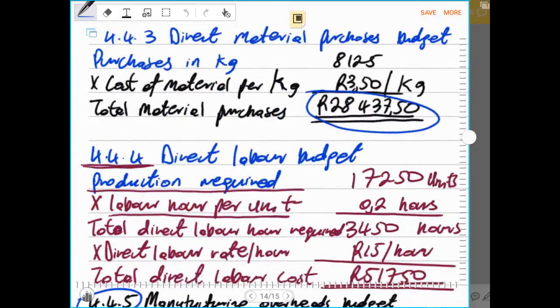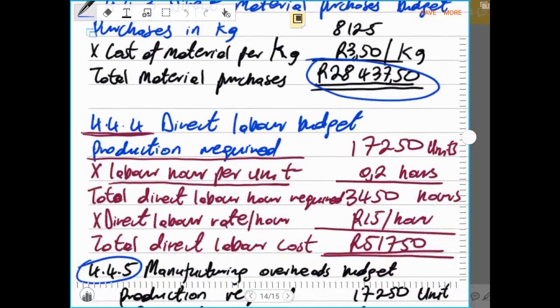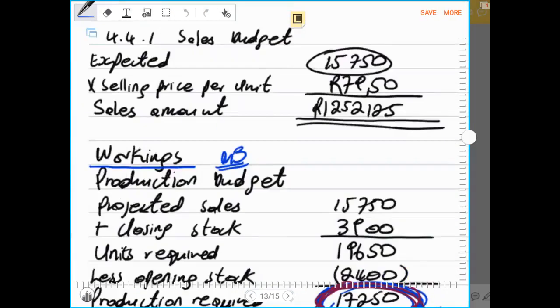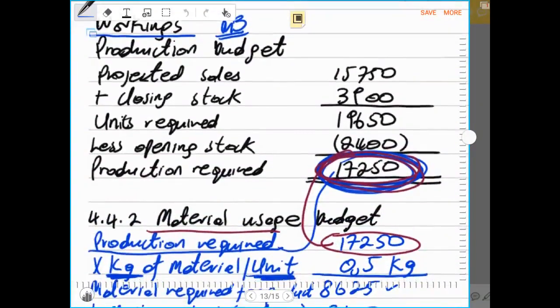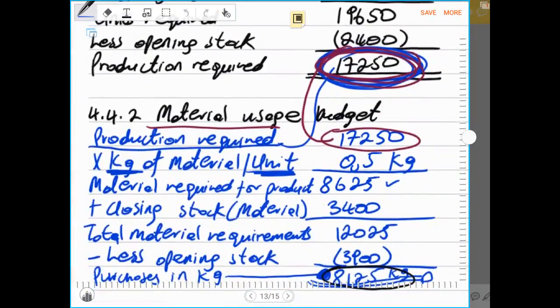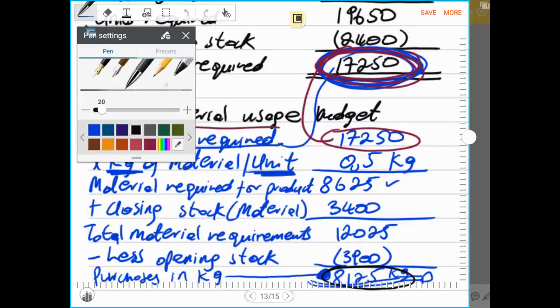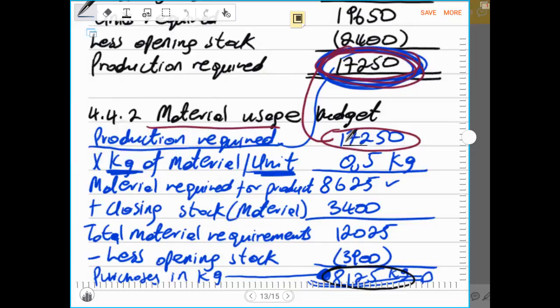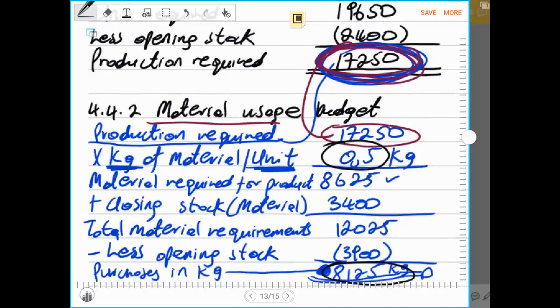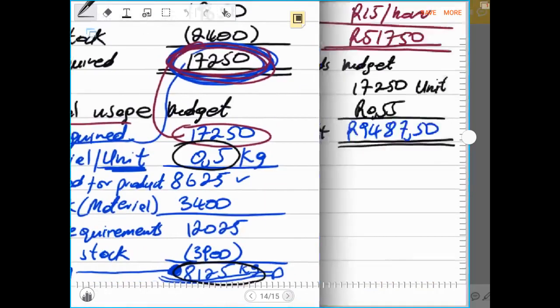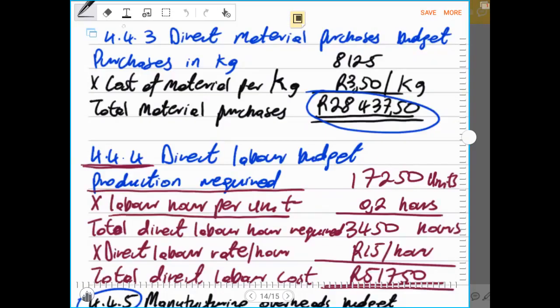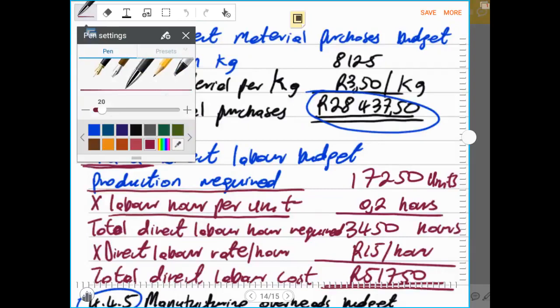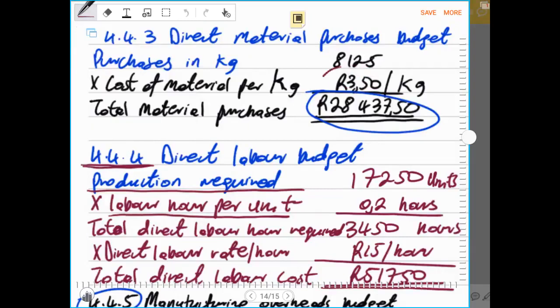The direct material usage budget told us how many kgs we need per unit: 0.5 kgs of material per unit, and those kgs of material cost the company 3 rand 50 cents.